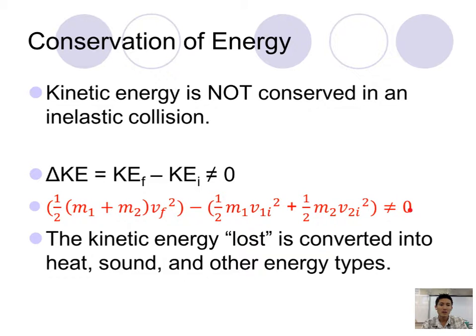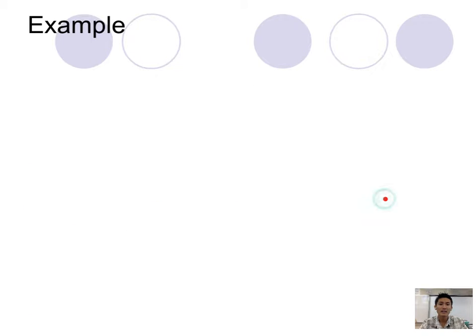Okay, we're going to get some number here, and that's another way you can figure out that it is an inelastic collision. If you plug our masses and velocities into this equation, and it comes out to a number showing there is a change in kinetic energy somewhere in the problem, then we can conclude that it is an inelastic collision. And so here's an example of that.